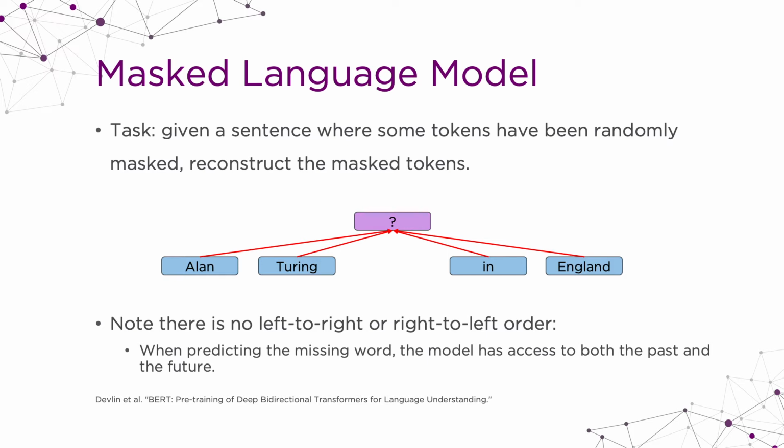And the model is able to look at Alan Turing, which is the past, but also at the future, which is in England. So while in language modeling we have an order that we have to follow, and we can only look either at the past or at the future, masking language modeling is not like that. And on top of that, I can mask more tokens. Here is just 1, but I can have more than 1. So that's the first difference.